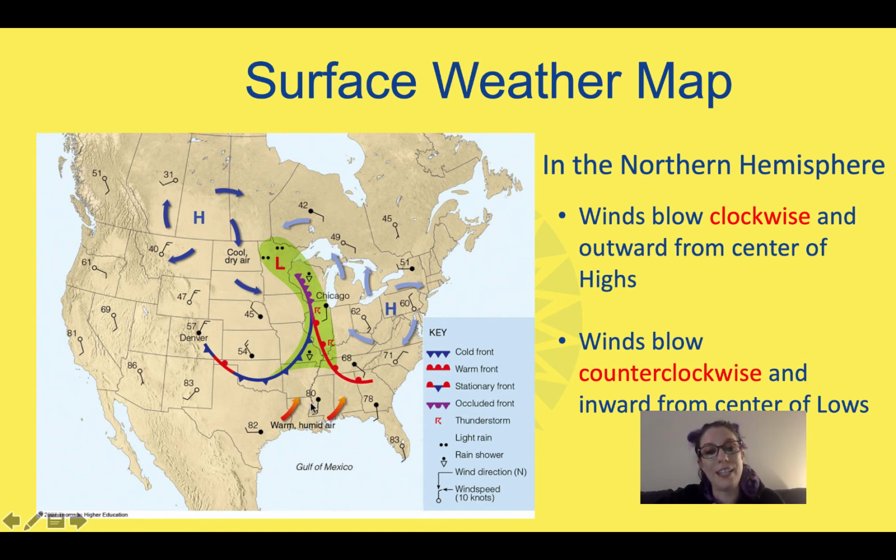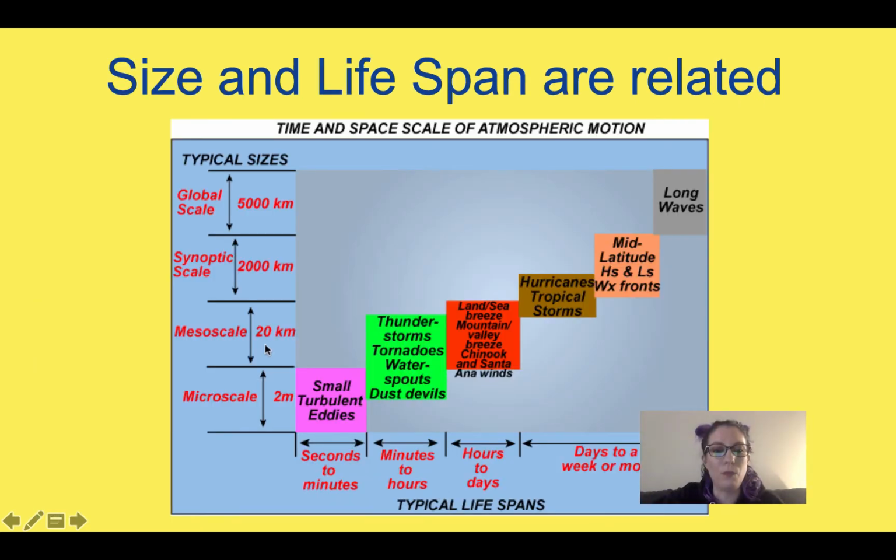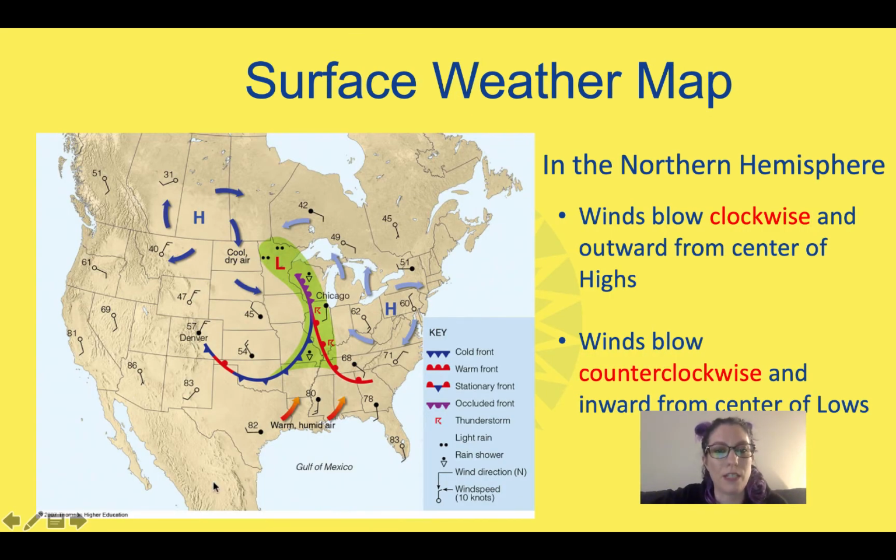Here I can see that it's coming from that direction, not only because the arrow's here, but also because of our little station plot. This right here is what's called a wind barb. The way that I describe it is like throwing an arrow.